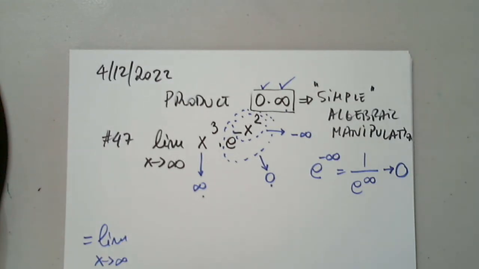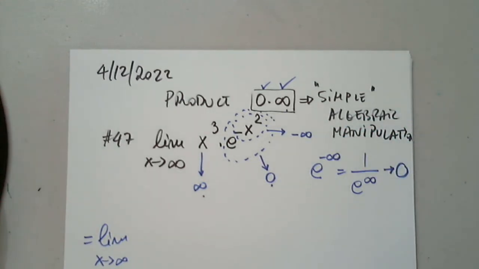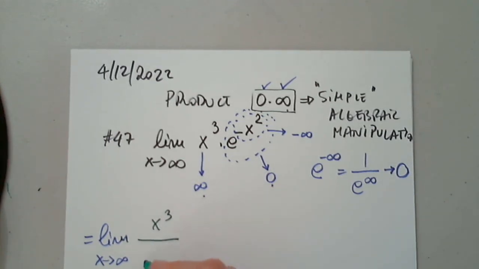So it's the same function, but I used an algebraic manipulation. Any suggestions? Could you maybe do x to the third over 1 over e to the negative x squared? Absolutely. Very good, awesome.